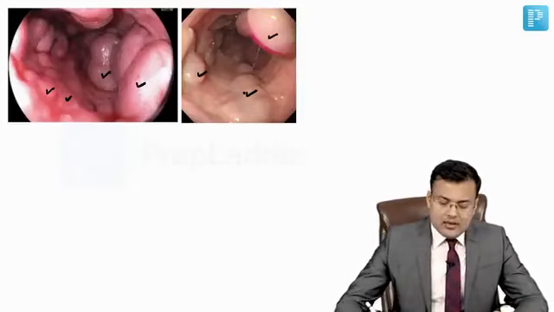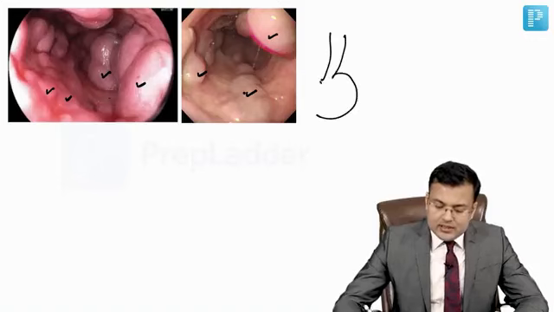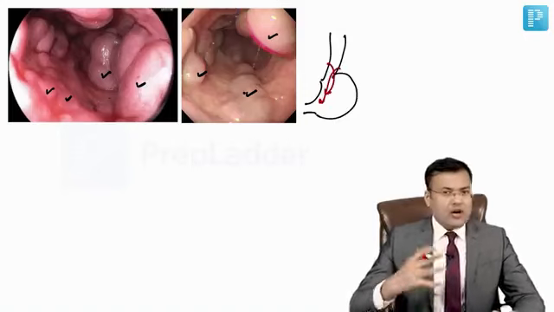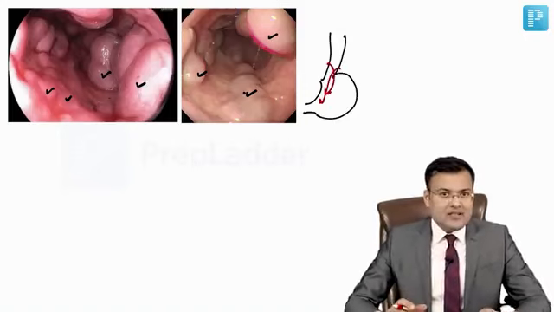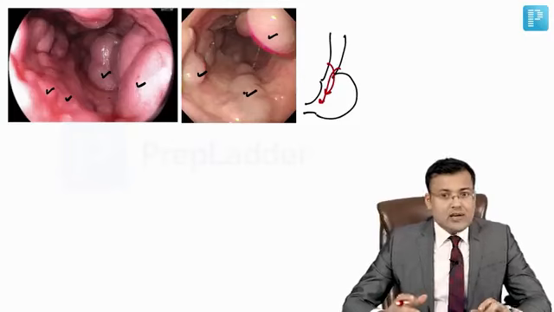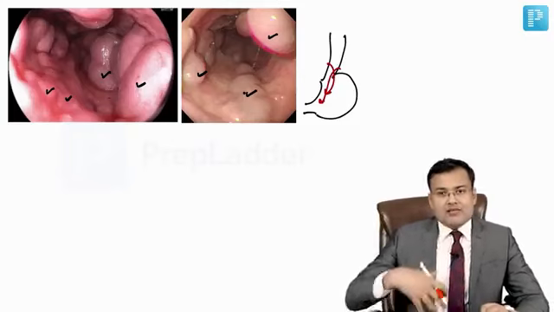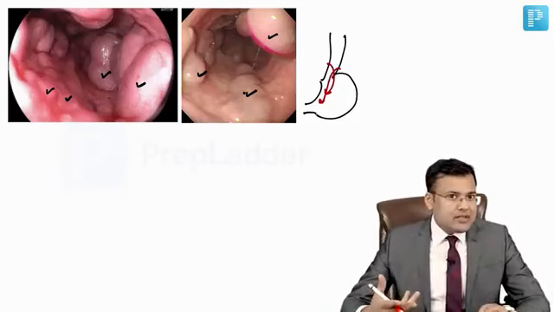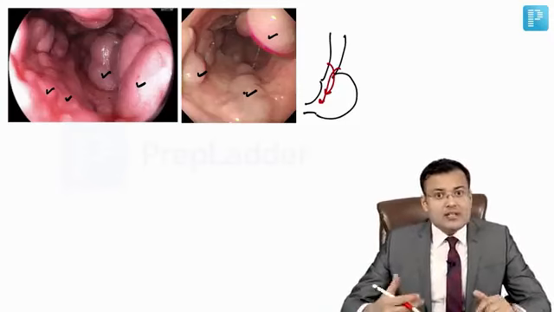It leads to bleeding. See here, this is the esophagus, this is the stomach, and blood goes into the stomach. It collects in the stomach, and on that blood there is action of acid. The color becomes coffee colored, and after that patients start having episodes of hematemesis. Because of hematemesis there is loss of blood.